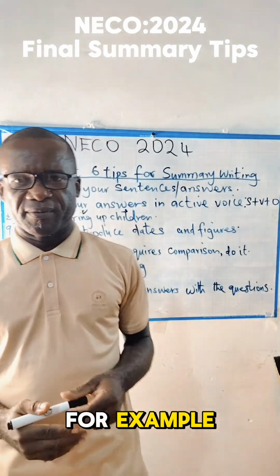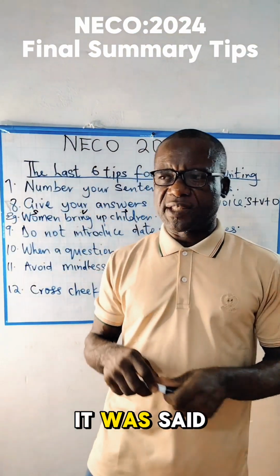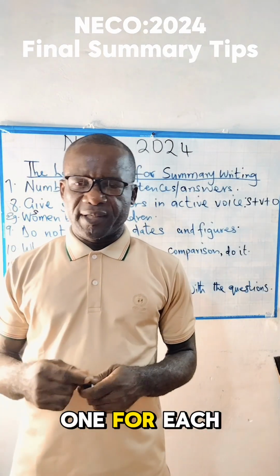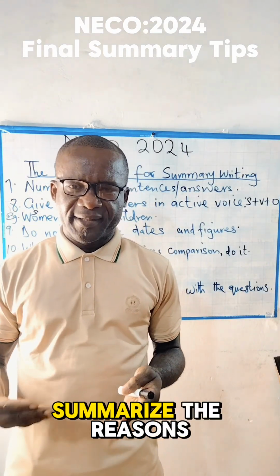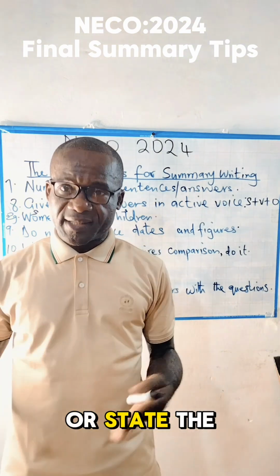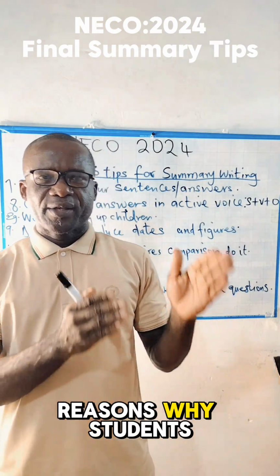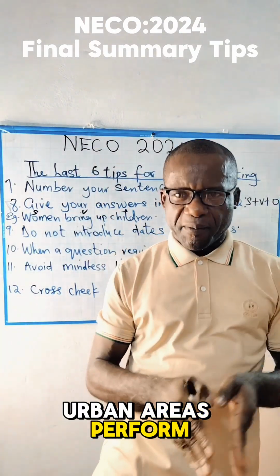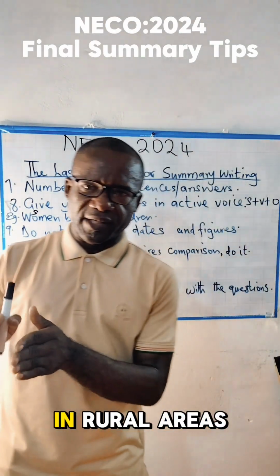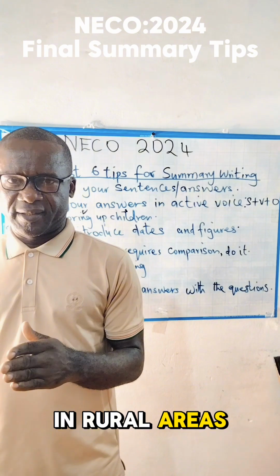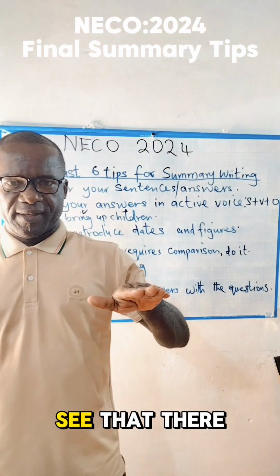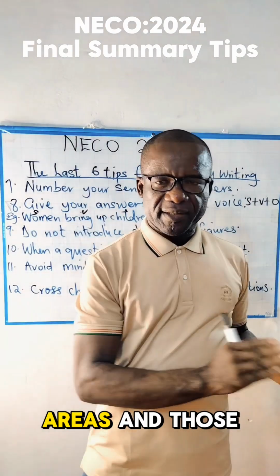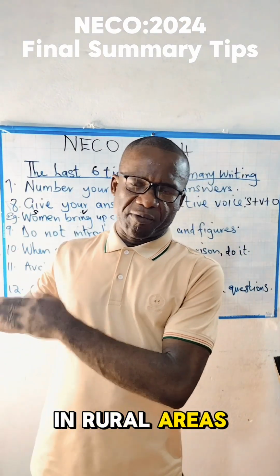For example, in a certain year, it was said that in 5 sentences, 1 for each, state the reasons why students in urban areas perform better than students in rural areas. You can see that there are 2 levels here: students in urban areas and those in rural areas.